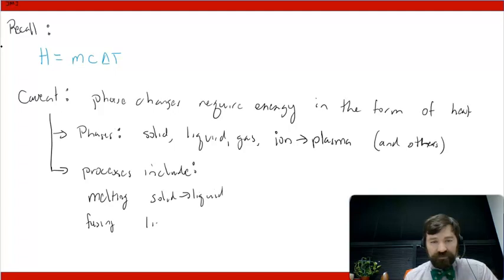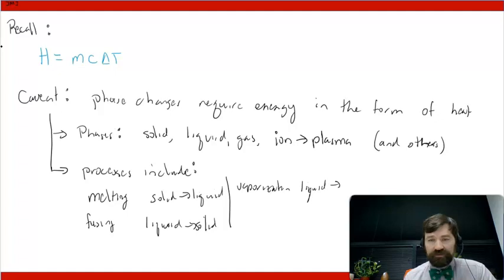So that would be liquid to solid. There's vaporization. So vaporization basically means going from the liquid to the gas phase. Condensation is the opposite. Condensation means going from gas back to liquid.